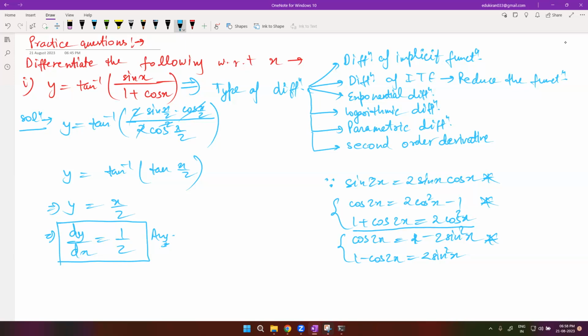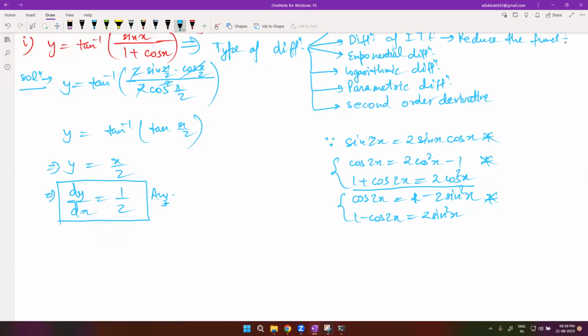First understand which kind of differentiation it is using, then try to use the methodology that we have discussed in that particular form. This is a very good question, by the way.